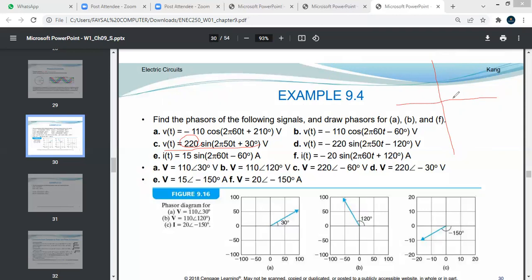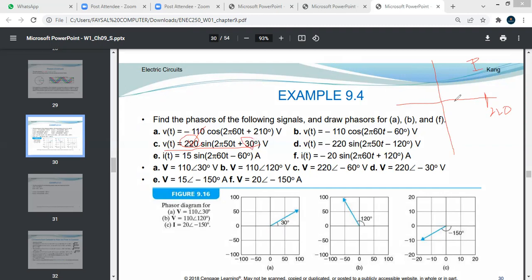My amplitude value is positive, so it will lie in the first quadrant. Here let's suppose it is the value of positive 220. Then there is theta, which is given as 30 degrees.